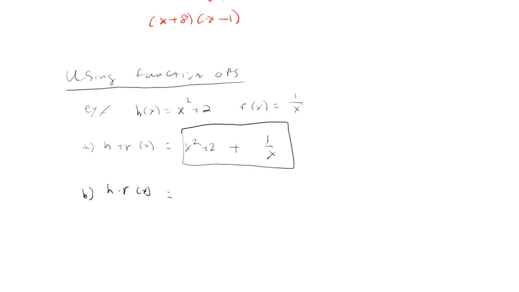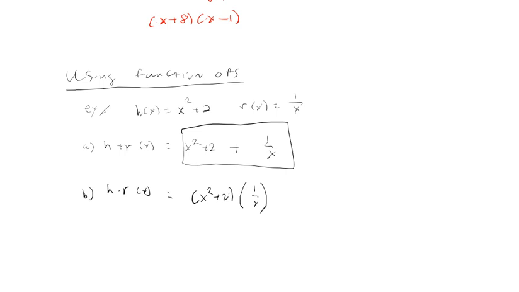My h is x squared plus 2, times 1 over x. A little more complicated equation, a little more to think about when combining these. Can I multiply these equations?